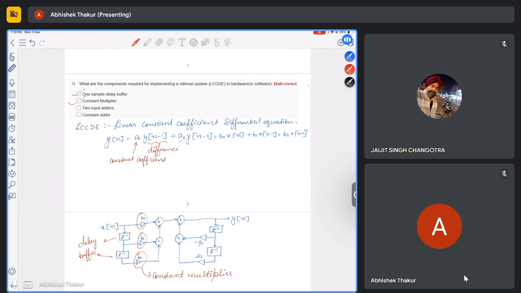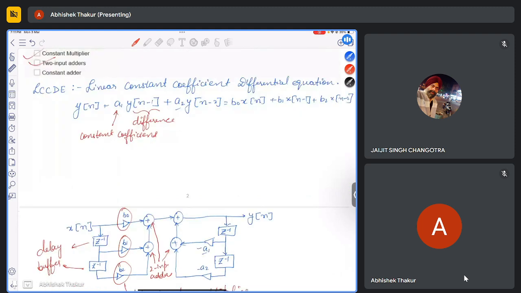Two input adders. Are we using two input adders? Yes, this is a two input adder, and this is also a two input adder, so this is also correct. Constant adder. Are we using any constant adder? No. We are multiplying with a constant, then we are using the adder. So option D is not correct. So for question number 1, options A, B and C are the correct answer.